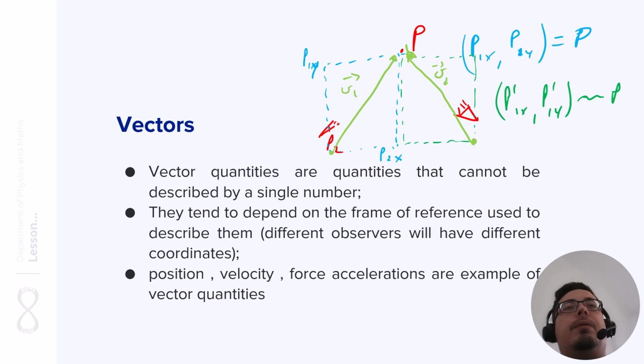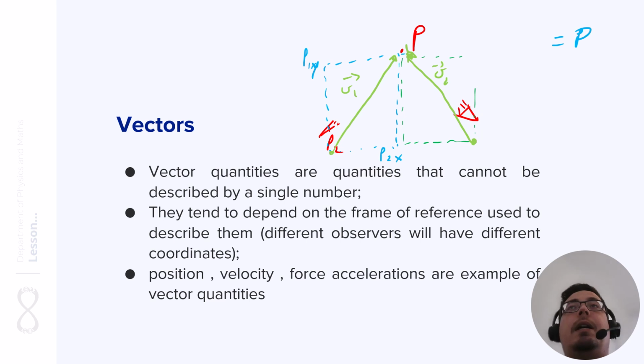v2. Force, position, acceleration, velocity are all examples of vectors, and it's easy to understand why. Velocity is the difference of position over time, and position is a vector, so a difference of vectors is a vector, as we will see.